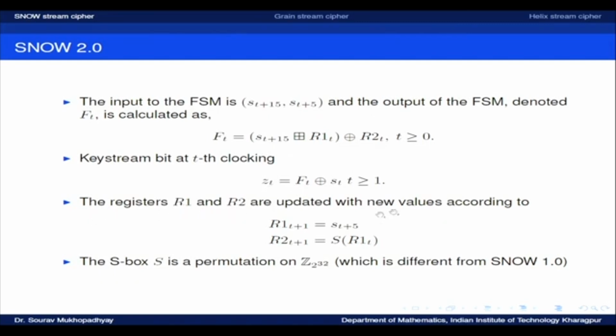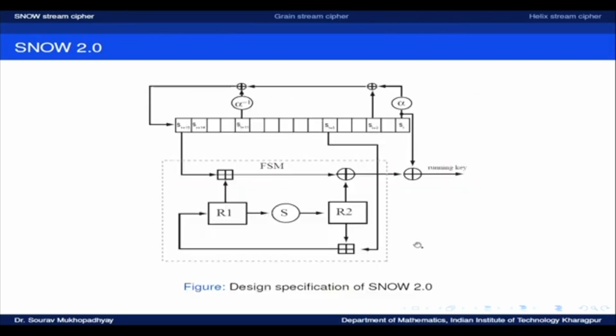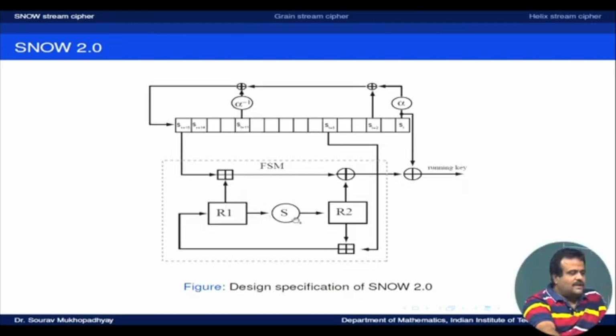The registers R1 and R2 update in a similar way as earlier. So this is the S box we are applying. If you come back here, we are applying the S box to update this. R1 will be the same as this x_t.